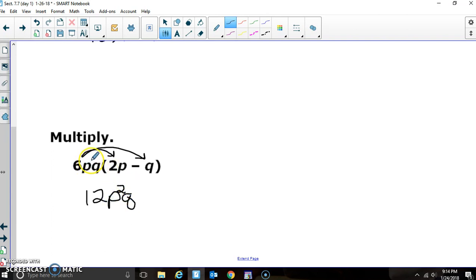Okay, you would add the exponents on p, add those together, you still need the q. Minus 6pq times negative q would be 6pq squared. These are not like terms. That would be your final answer.